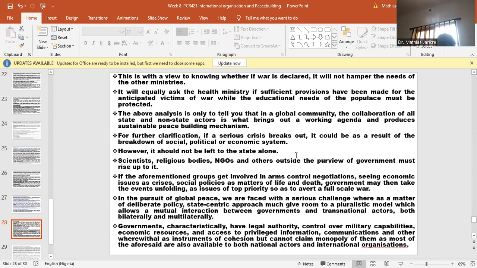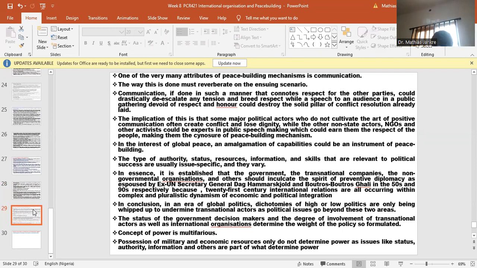Governments characteristically have the legal authority to control military capabilities, economic resources, and access to privileged information, communication, and other wherewithal as instruments of coercion, but cannot claim monopoly of them, as most of their facets are also available to both national actors and international organizations.